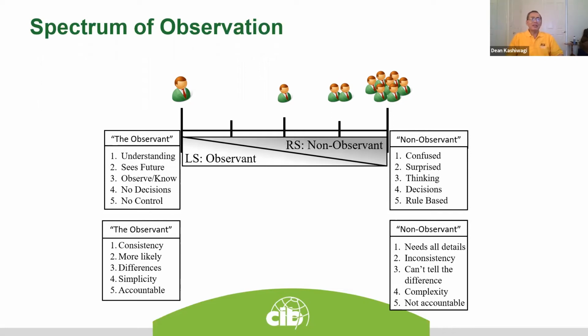Now, if you're observant or you're an expert and you look at the majority of people who are non-observant, do you think the observant person believes that he can move all the non-observants to get the same results that he's getting? And the answer is no. And we're lucky that we have something now that totally changes the game.